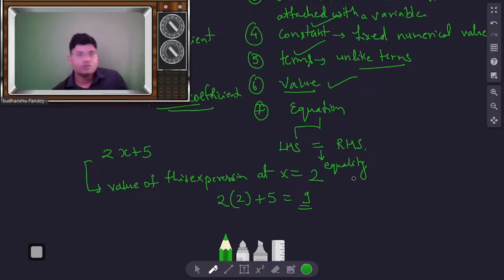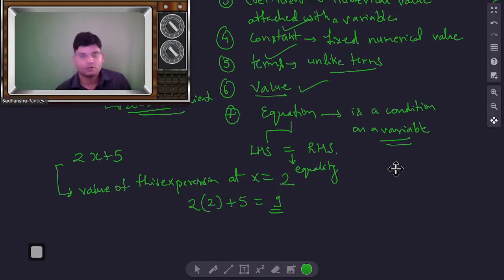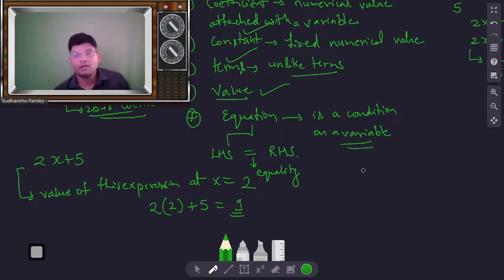The equation should have a left hand side, an equality sign, and a right hand side. So we can also say that an equation is a condition on a variable. The variable should also be there. You can also write, say, 10 by 2 is equal to 5. Is it also an equation? Yes, it is also an equation. But this is a numerical equation.